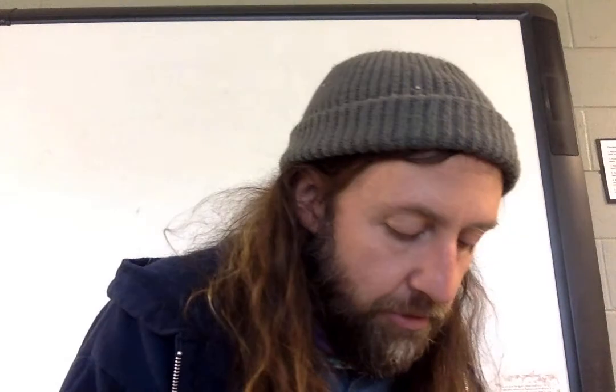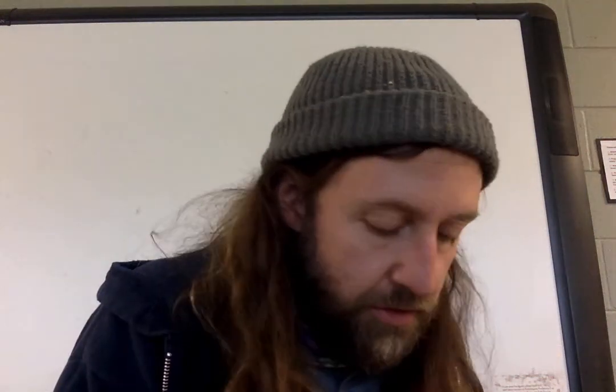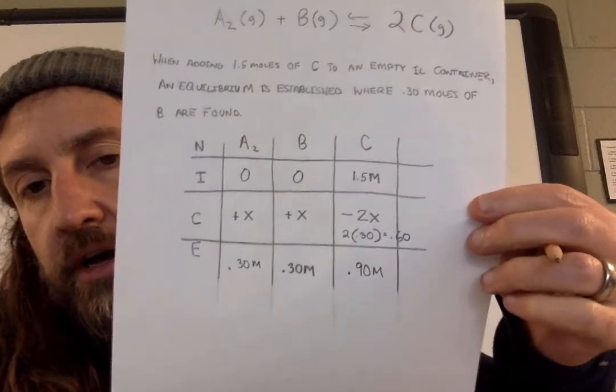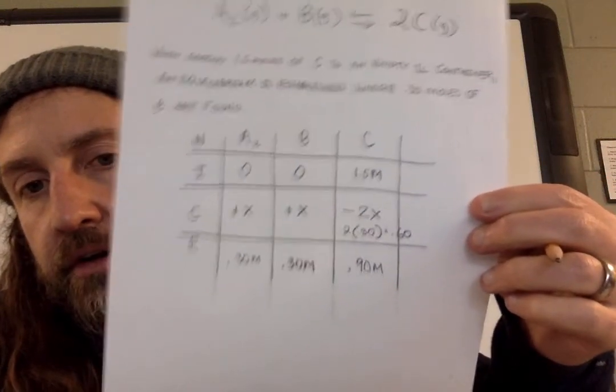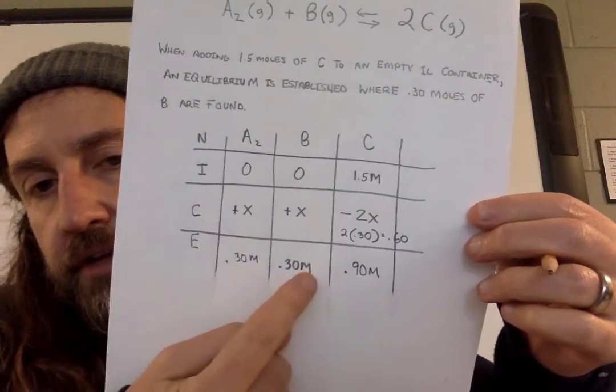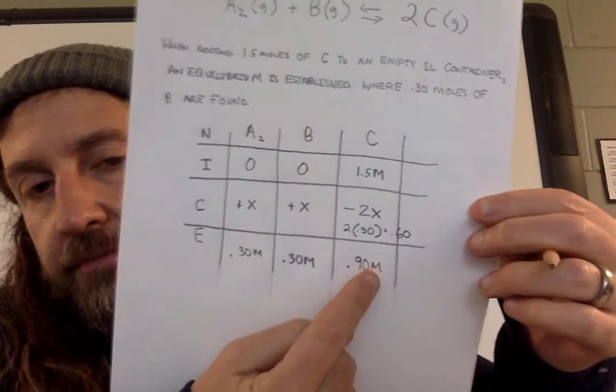I think it's 0.9, but I'm going to check. I got it. So at the equilibrium, we are now pretty secure that we've got this much A, this much B, and that much C.